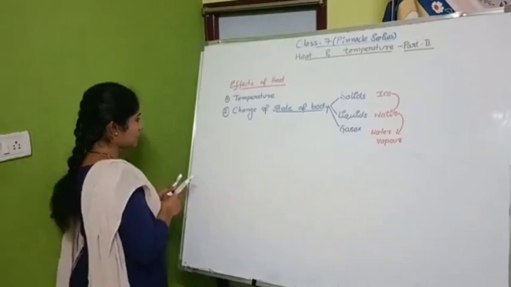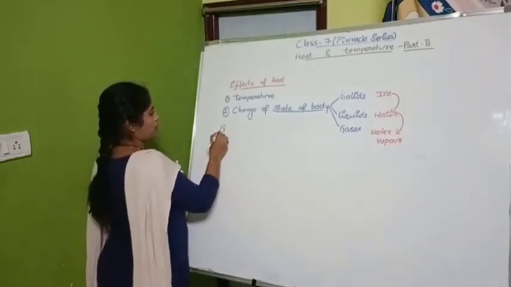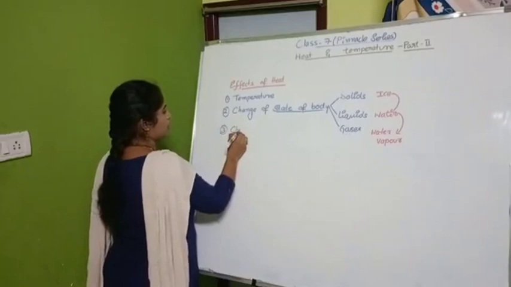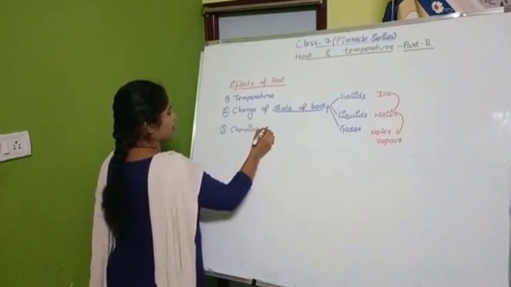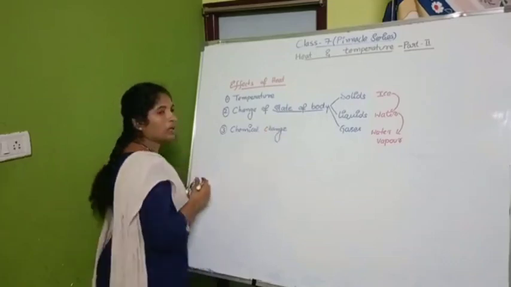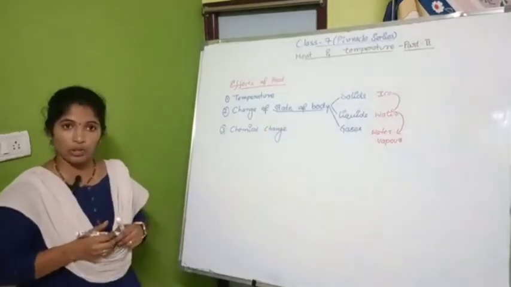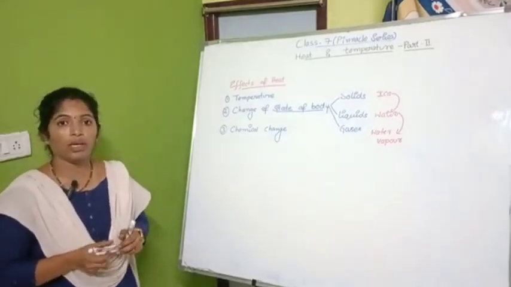Next, chemical change. What is that? Chemical change. While cooking food, will the chemical properties of the food change? Yes, they will change. And if you apply heat, what happens?